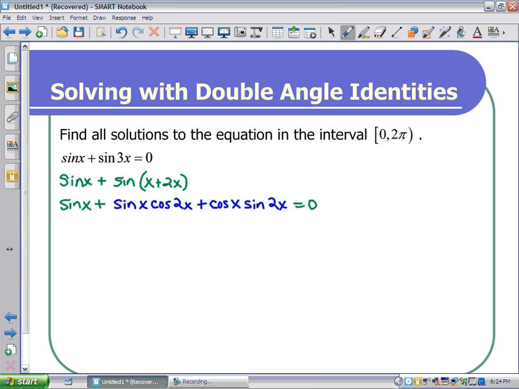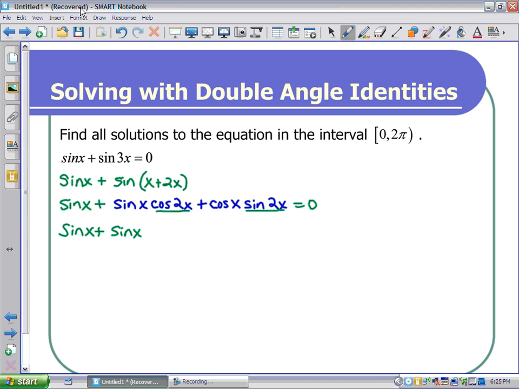Well, now we have a cosine 2x up here we have to worry about, and we have a sine 2x. And we can use our double angle identities to replace those. So I'm going to first bring down sine x plus sine x. That's going to be multiplied by, and now with this cosine 2x, because I have 3 choices, again, I want to end up in just sines.